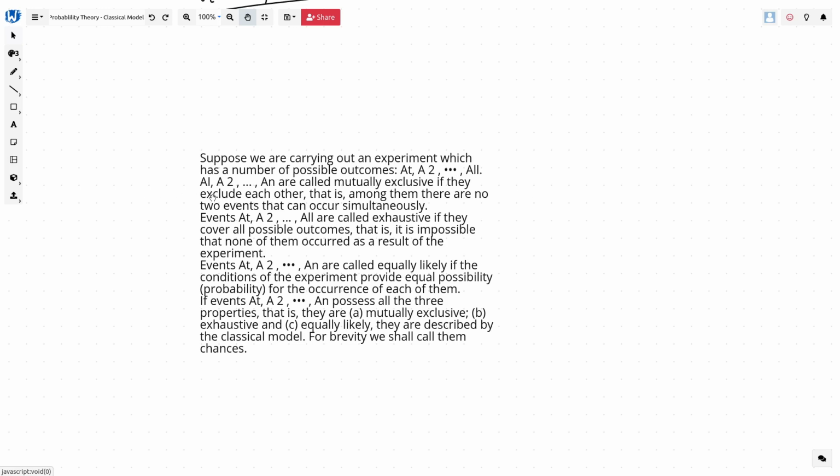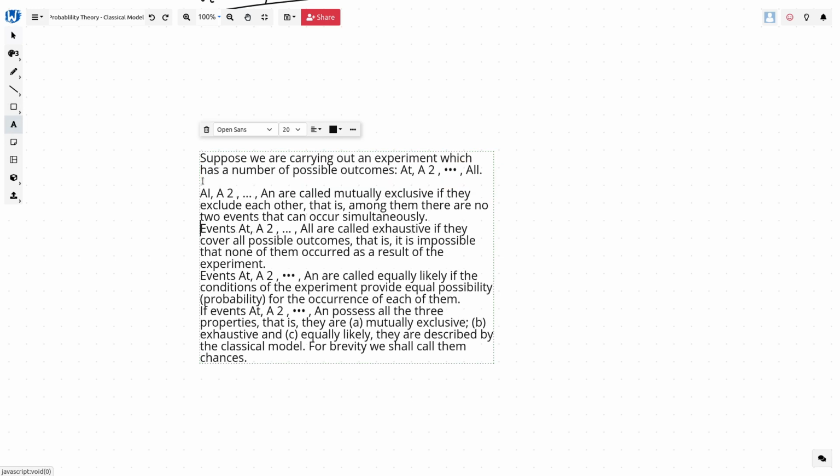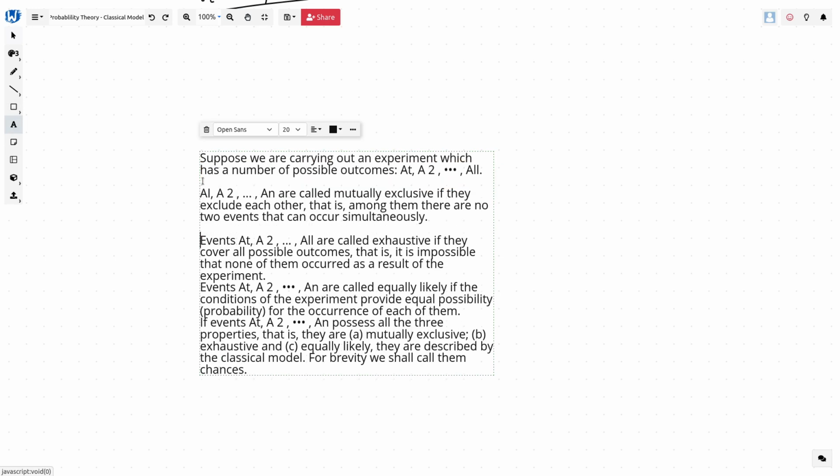So let A1, A2, up to An be the events. We say that A1, A2 are called mutually exclusive if they exclude each other, that is, among them there are no common events that can occur simultaneously. So it clearly means that all these events are different, right?